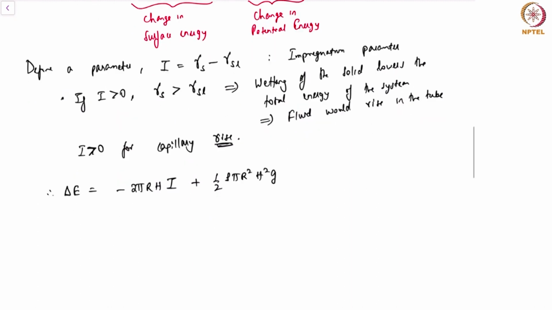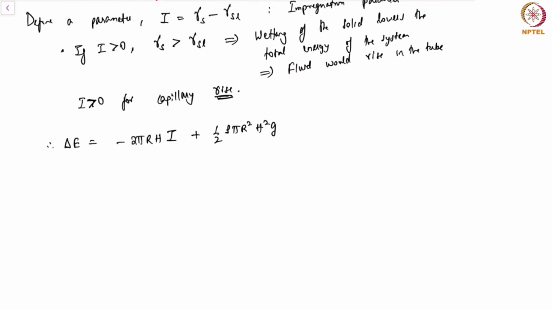So if you look at this expression for delta E, it has two parts. One part is negative, that is the h term, and so for very, very small h, you would expect that the fluid would rise up, right?